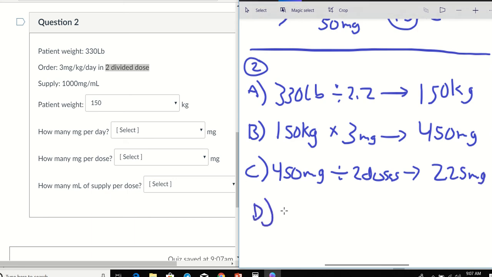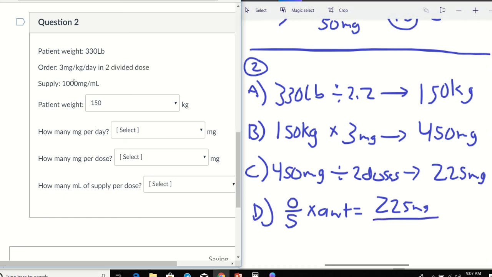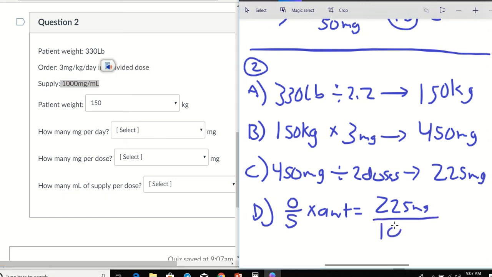Last step, order over supply times the amount if there's any. But for us, it's just order over supply. 225 milligrams divided by our supply, which is 1,000. So we should end up with 0.23 mLs.